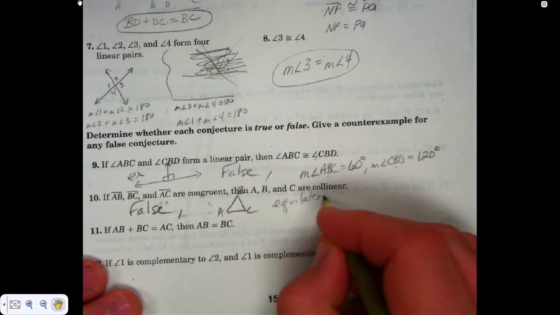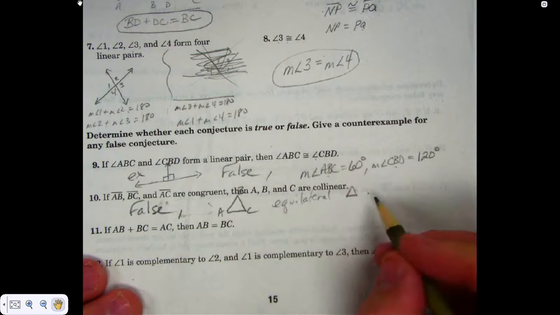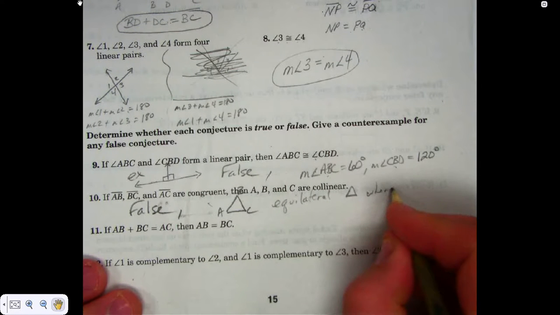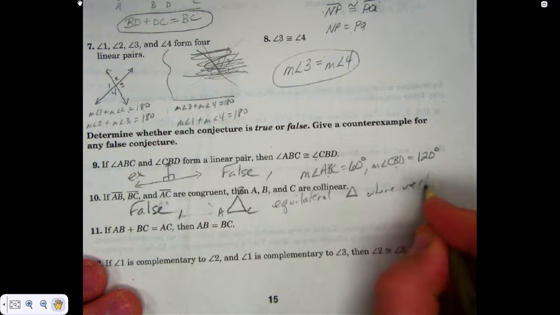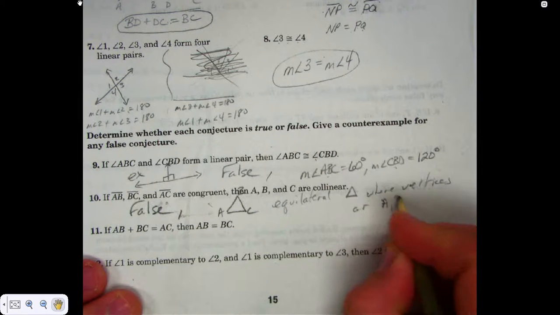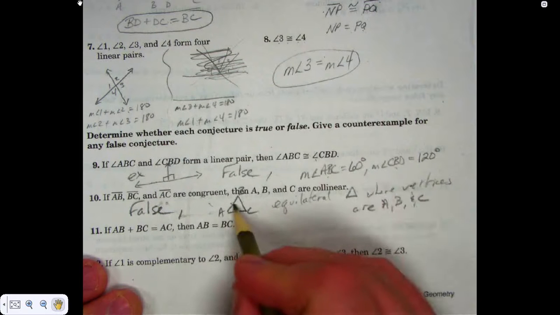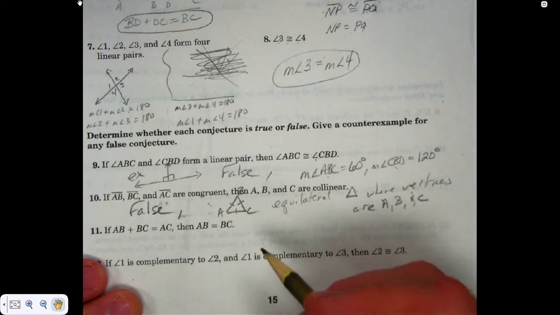Equilateral triangle where vertices are A, B, and C. So I'm saying these distances are all congruent, right? But are A, B, and C on the same line? No. So here's a counterexample.